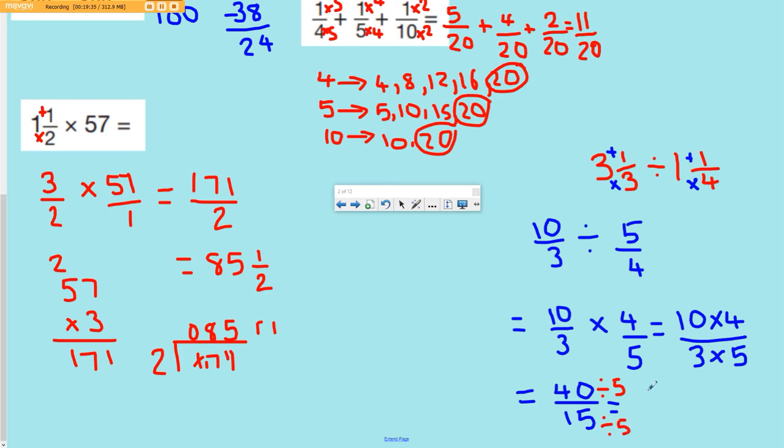Okay, so we get 5 into 40 is 8 upon 5 into 15 is 3, and then we write this as a mixed number, because a lot of time your examiner will ask you to write as a mixed number all the way up to GCSEs, right? So we get 3 into 8 is 2, and remainder 2 back up on the denominator.